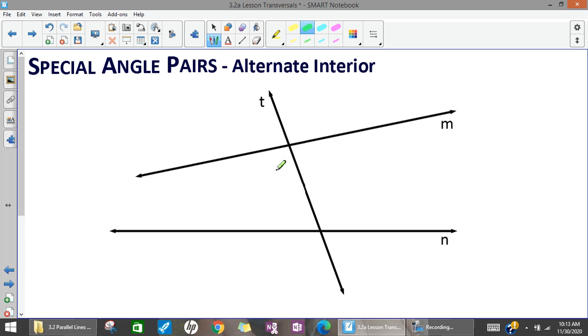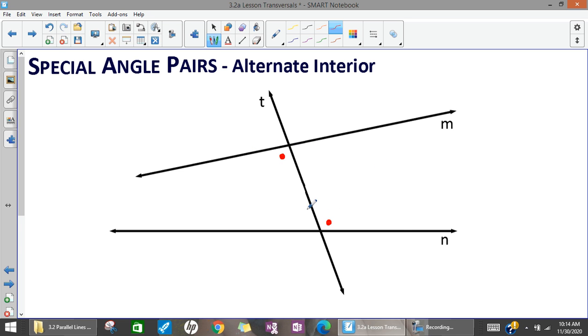Alternate interior means I'm in between line M and N, interior, and alternate refers to opposite sides of this transversal. So alternate interior angles, and I like to do this X and dot. I'm going to put a dot here and here. Those two angles are called alternate interior angles.